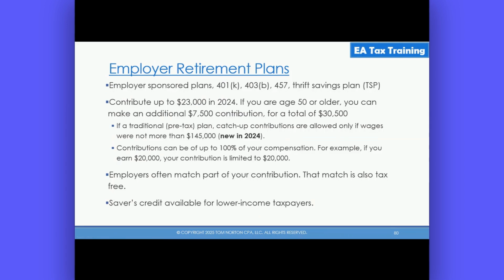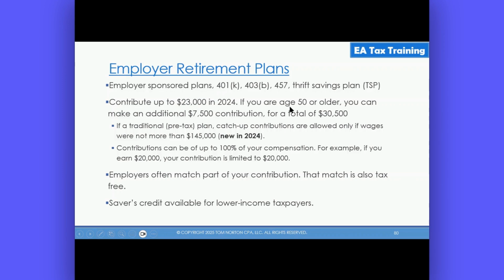Employer retirement plans. So these are your 401k, 403b, etc. So here are some numbers you want to know. In part two, we are going to talk about employer retirement plans in some detail. But for part one, you want to know these maximum contributions that are allowed. So for 2024, the maximum contribution that can be made to these employer plans is $23,000.